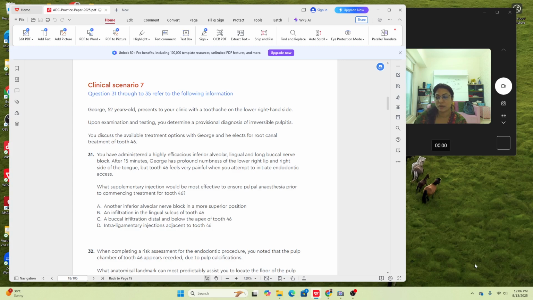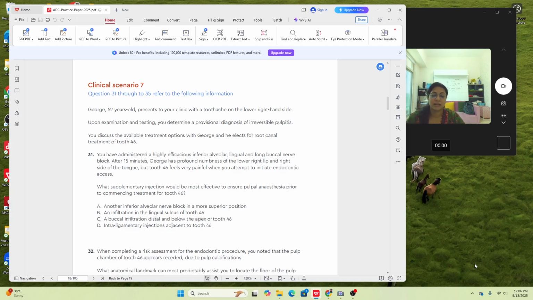So you have to give intraligamentary injection, which works in 99% of cases. What you do is you just take the needle, a short one. If you want to bend it, you can bend it at 90 degrees, and you insert in the PDL space. And with a very forceful pressure, you inject the local anesthesia. And you do that on the labial side and the lingual side. And then the tooth, 99% should get anesthetized.